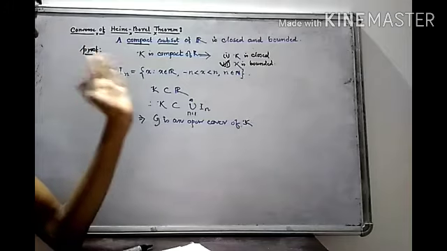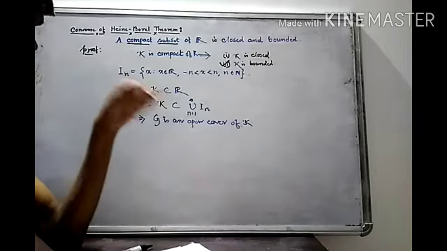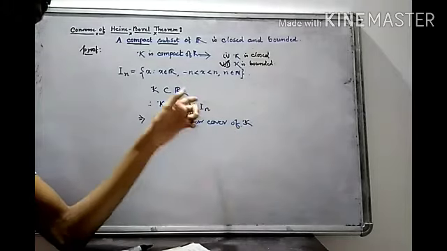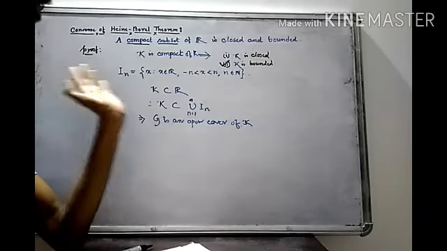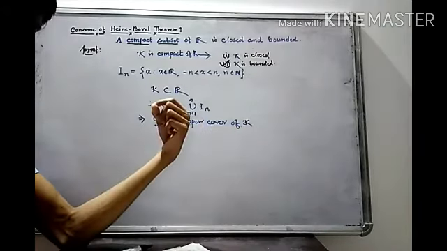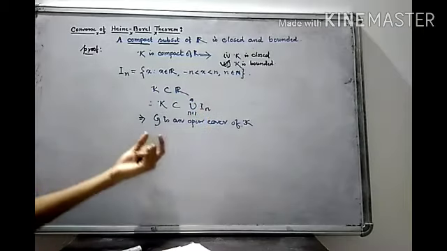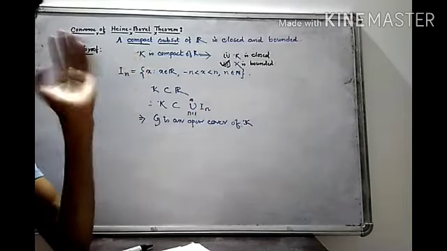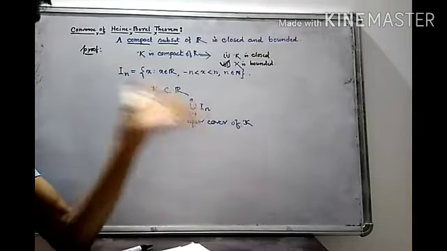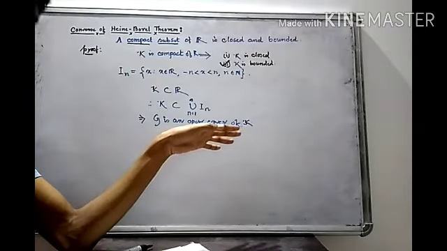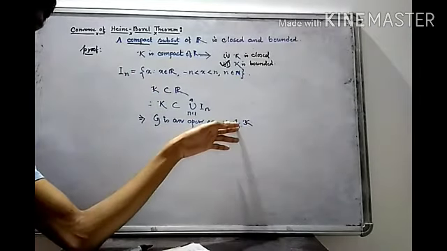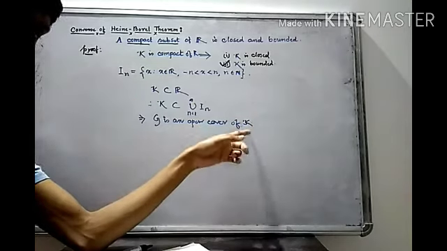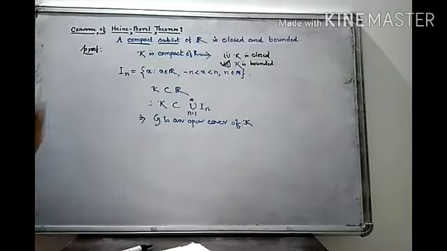Now K is your compact set. That means if this G is an open cover of K, then K has some finite subcover. Finite subcover means from this script G we will get some finite number of open intervals which, if we take their union, also contain K. Is it clear?